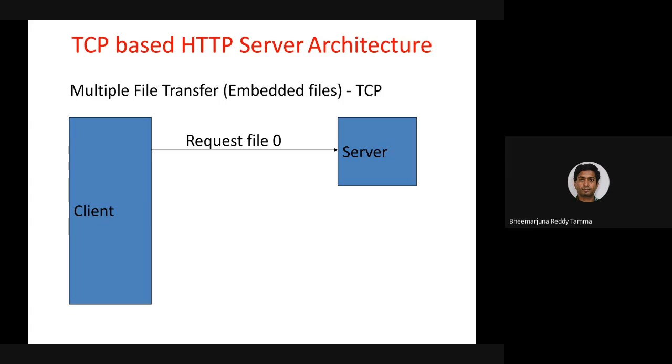So can somebody tell me what the server does after getting a request? A typical web server like the IITH web server, which is implemented using Apache. So what do you think this web server does after getting a request from the client?